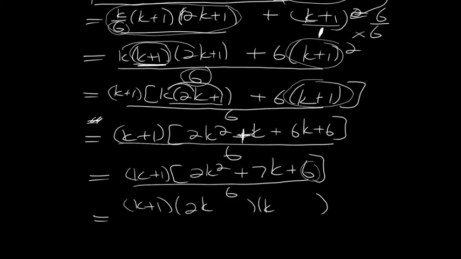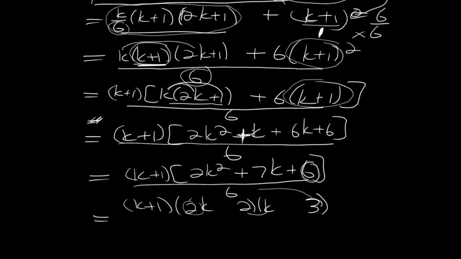But be careful, because this 2 will also influence your factors. So what we'll see is we'll put the 3 here, because 3 times 2 is 6, and the 2 times the 3 there is 6, and the 2 times the k is 2k, so we won't use that one.